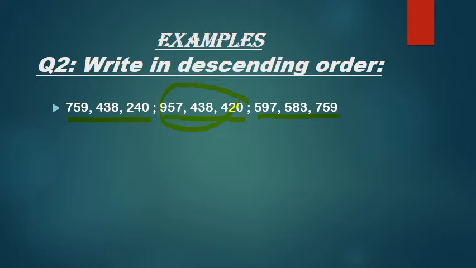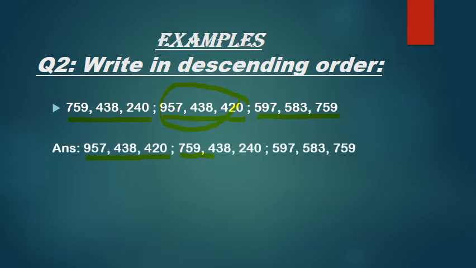The number 957,438,420 is greater than the other two numbers. How should we arrange it? And write it like this. First we write 957,438,420. Then we write 759,438,240. And then lastly we write 597,583,759.